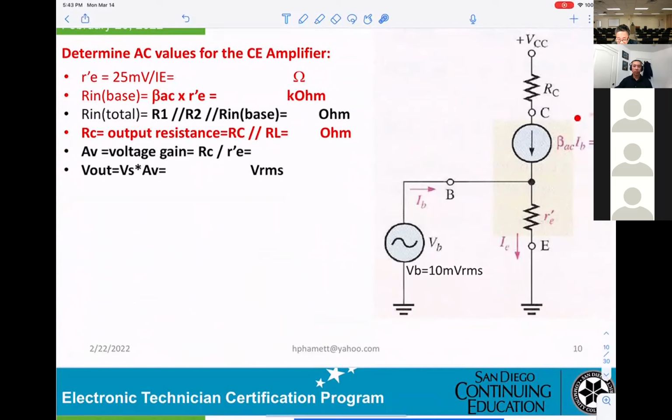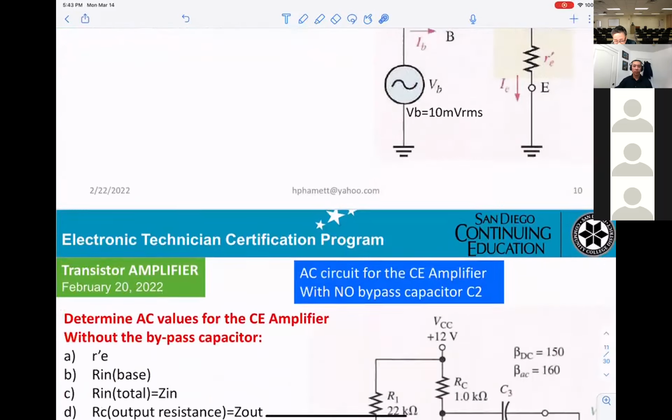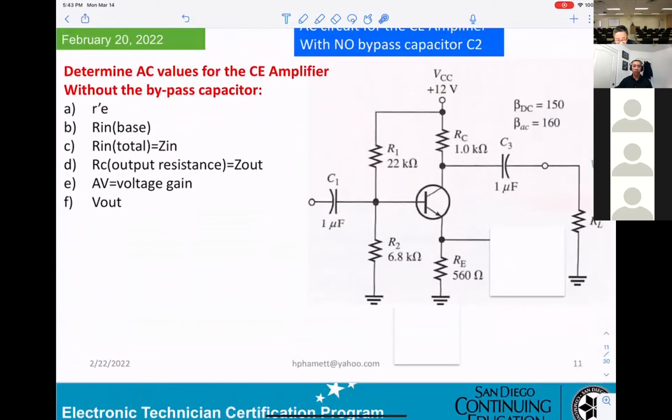That means the output impedance will be RC parallel RL. And the voltage gain will be RC, that means Z out. Remember, lowercase c means AC. Okay? Divided by R prime E. If you want the output, you take the V input times the gain. That's what we already did last time.